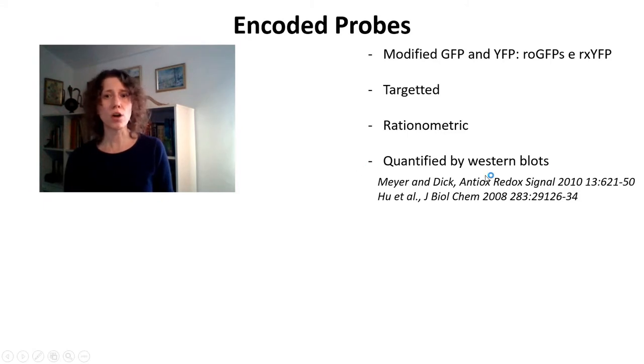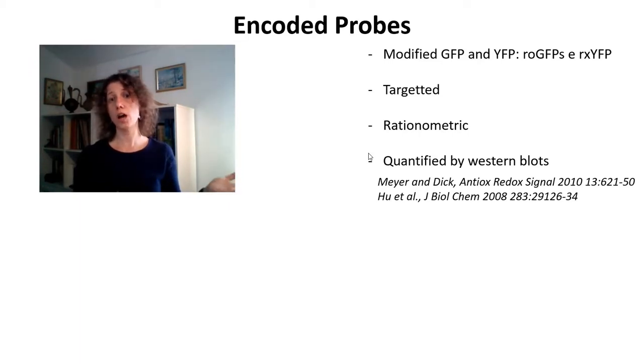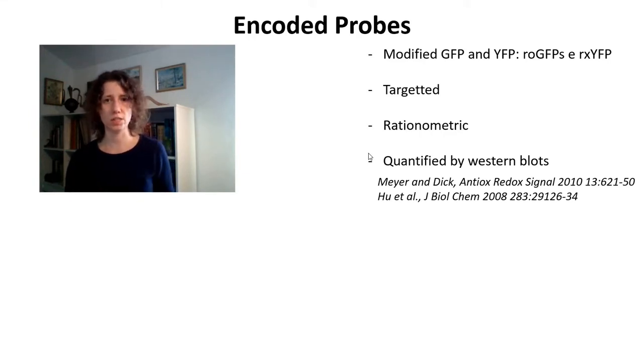And the best of all of those are those that you can isolate from the cells, these proteins, and then in a Western blot separate the oxidized and the reduced form. And that allows you to quantitate these probes without looking at their fluorescence in situ. So it also eliminates all the problems of fluorescence in situ and the interference of all these biological systems in fluorescence.